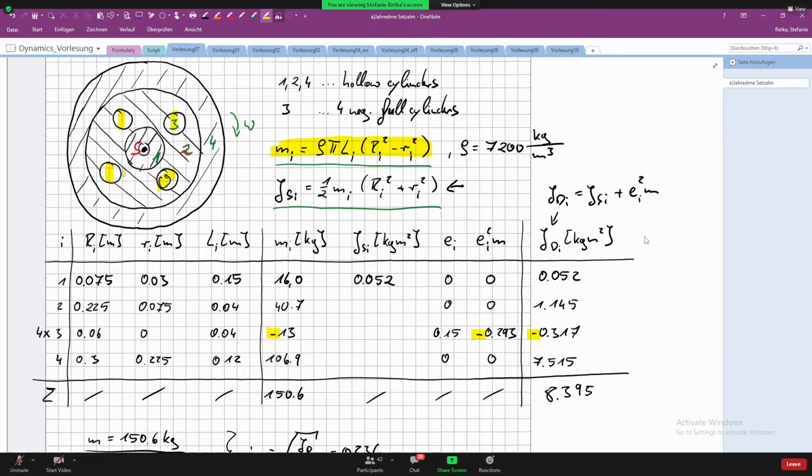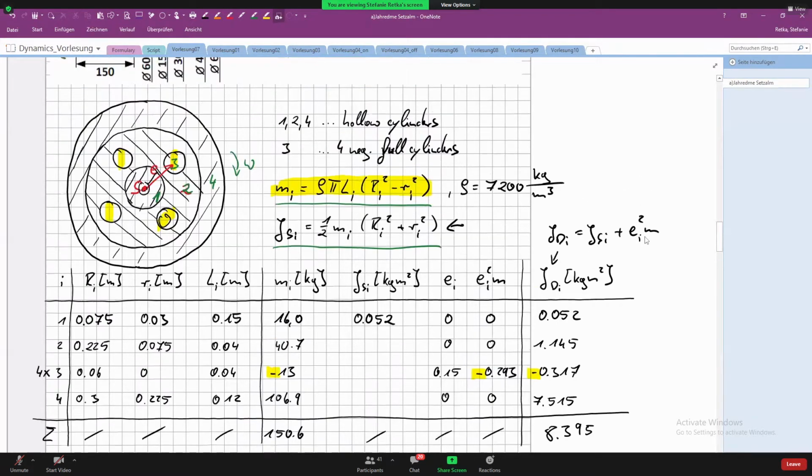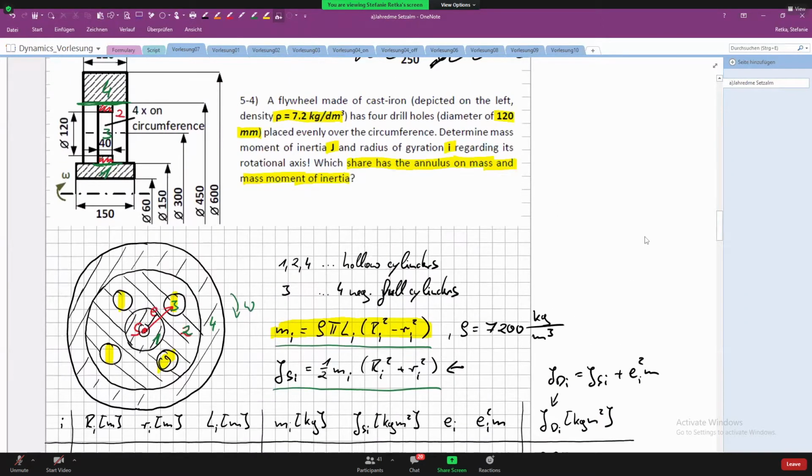Professor, for the third part where we got E as 0.15, can you show me how you got that? We used the Pythagoras theorem just as we did the other time. This is not really the radius, this is the distance E, right?